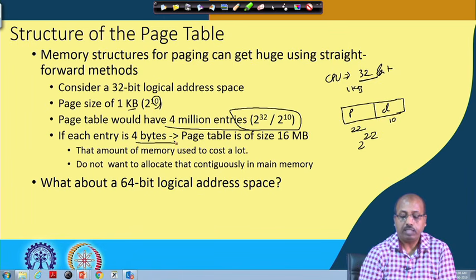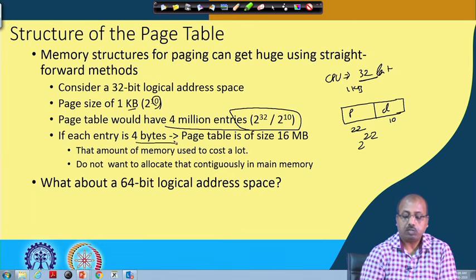Even if some process is utilizing a large amount of space, we cannot afford to give 16 MB of space just to store its page table, and that is for a 32 bit logical address. If it becomes a 64 bit logical address, then the number is much larger. So, that gives a problem.